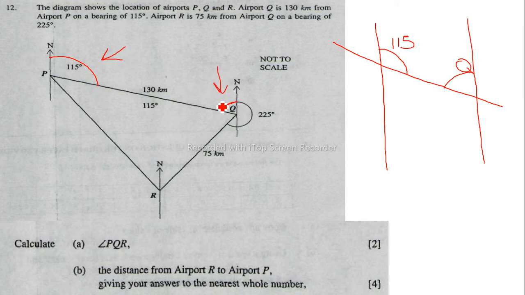If we want to find Q, all we have to do is 180 minus 115, and that'll give us 65. Any questions on that? I understand that part.